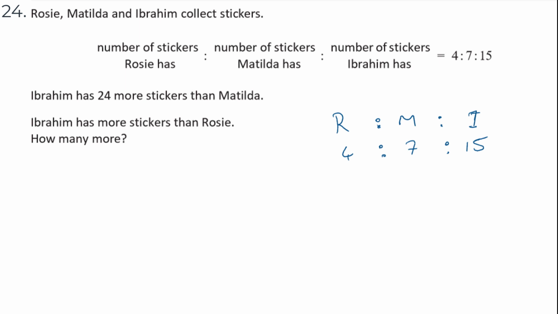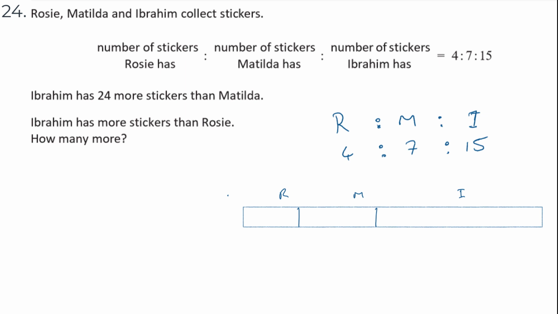Okay, so I'm just going to draw a quick bar model to think about this. So let's divide it up. Remember, Rosie has 4, Matilda has 7, and Ibrahim has 15. That's the kind of ratio. It doesn't mean that's how many stickers they've got.